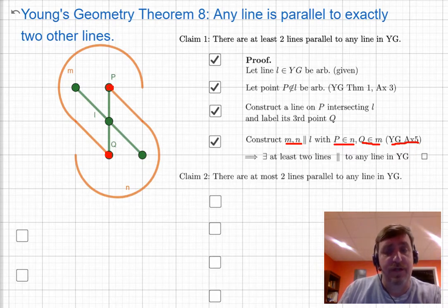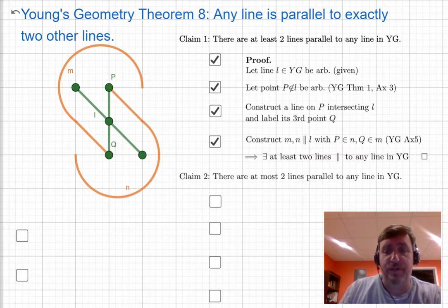Now the question is, how do we know that these two lines don't intersect? Well, we know that two lines parallel to a third line are parallel to each other. We've proven that already, and that's not really that important for proving what we need to.